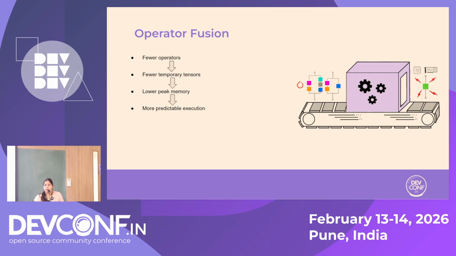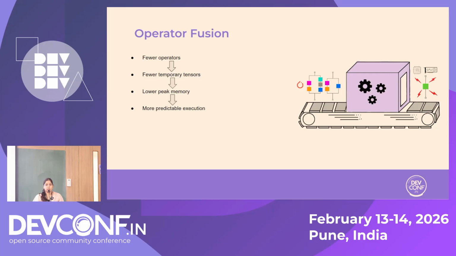Now comes operator fusion. Operator fusion seems like a performance optimization, but here it's used for memory optimization, because every unfused operator adds temporary tensors, and that adds up, and for small devices it creates a memory issue. Think of adding 2 to 3 numbers.